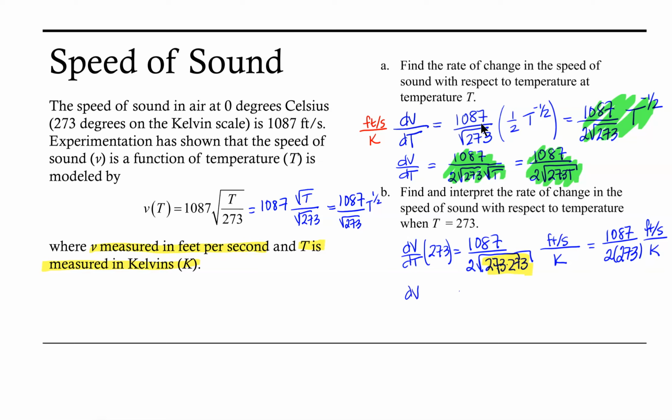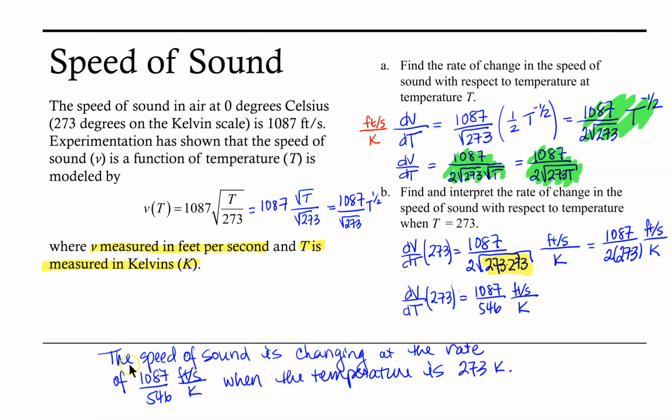So the derivative of the velocity of sound with respect to temperature in degrees Kelvin at 273 degrees Kelvin is 1087 over 546 feet per second per degree Kelvin.